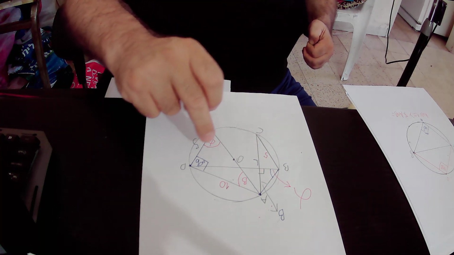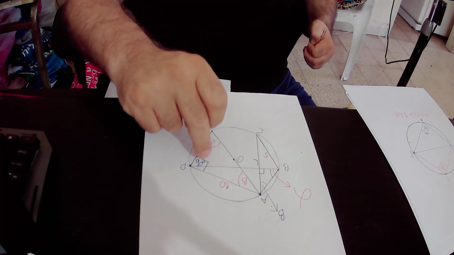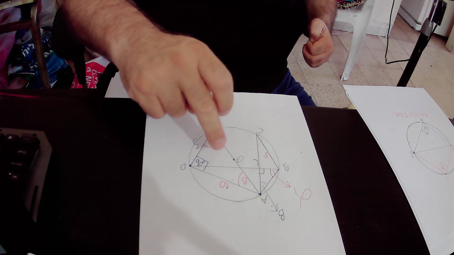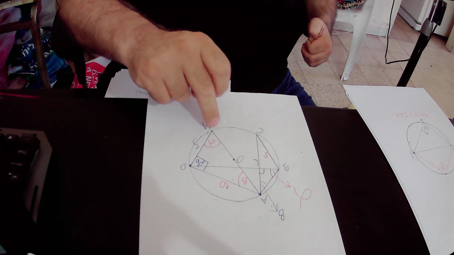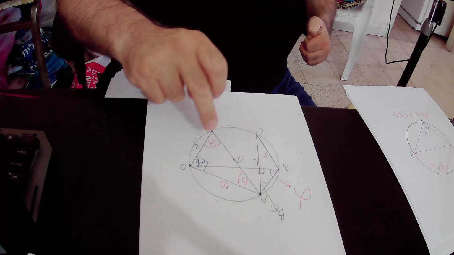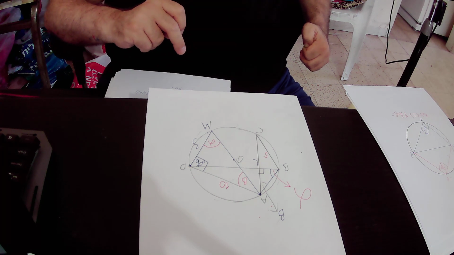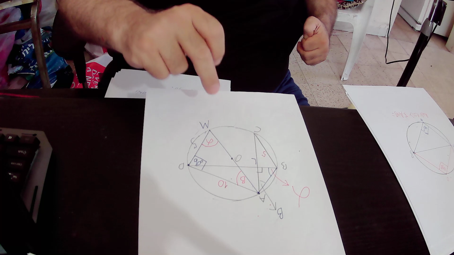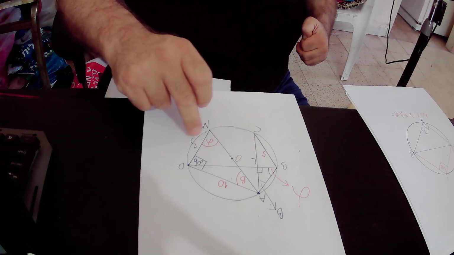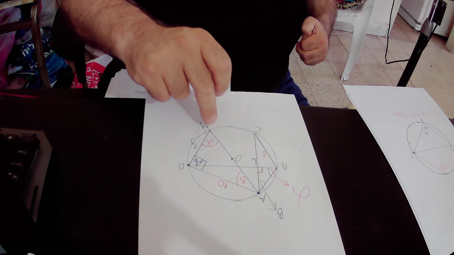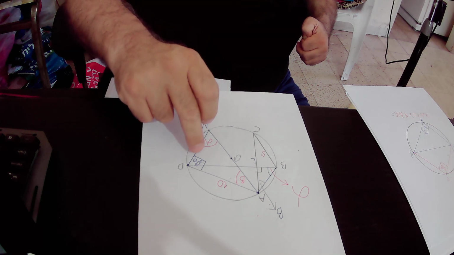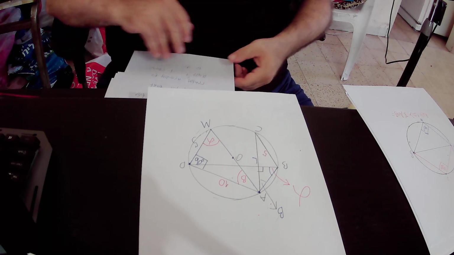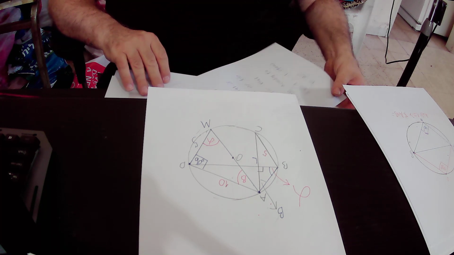For that reason, according to rule number 1, it equals 90 degrees. Okay, because AM is the diameter of this circle, and angle ADM rests on AM, for that reason, it equals 90 degrees.